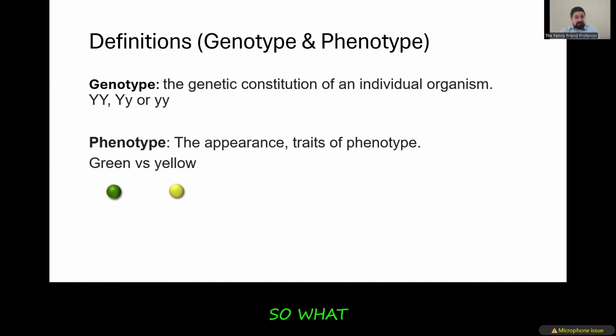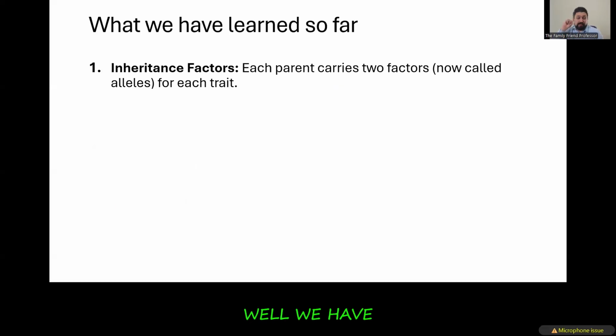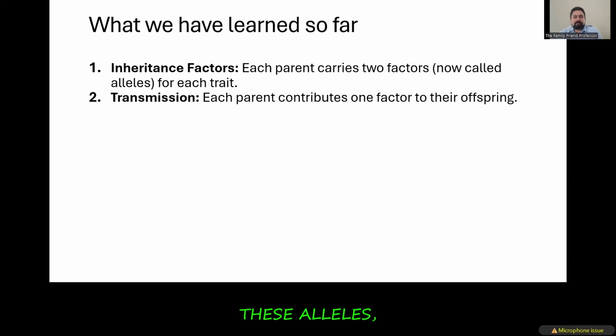Okay, so what have we learned so far? Well, we've learned about Mendel's factors of inheritance. Each parent carries two factors, big Y big Y, big Y little y, or little y little y. And we now know that these factors are called alleles. These alleles are passed from parents to offspring.